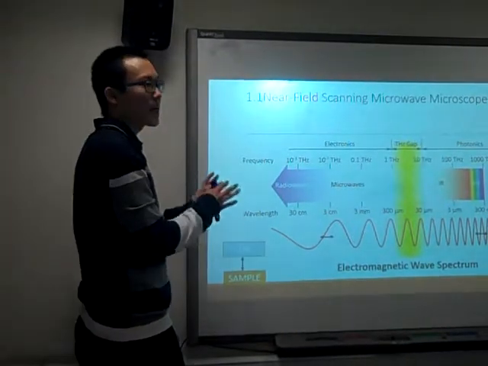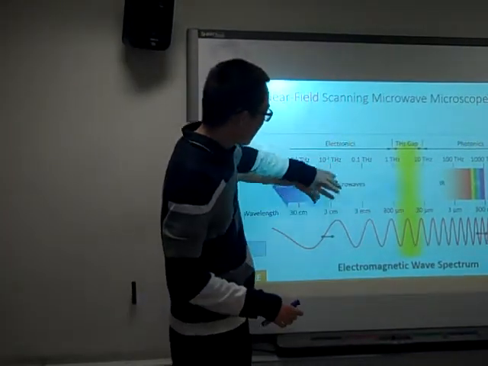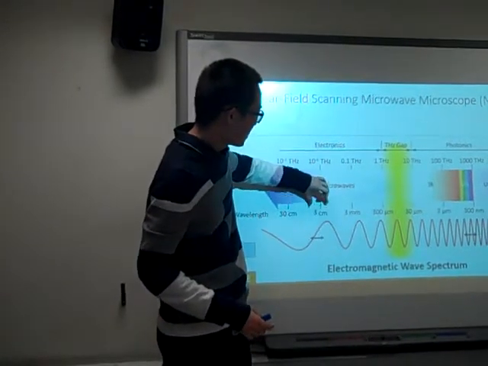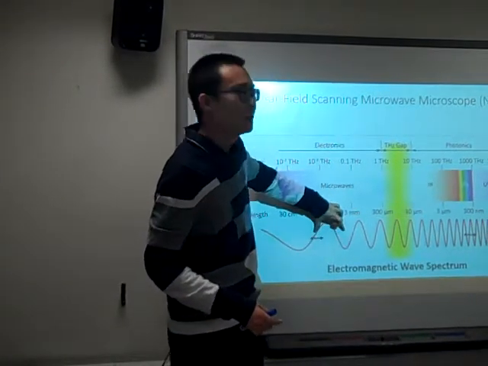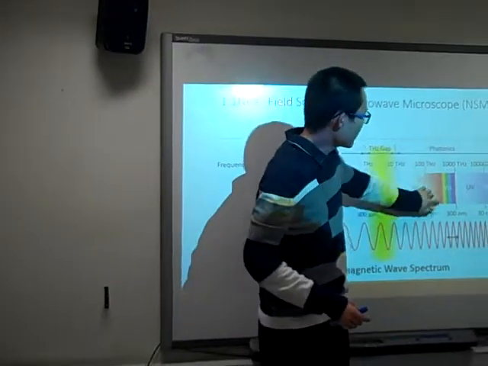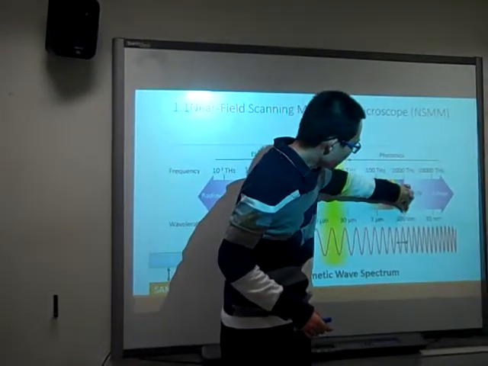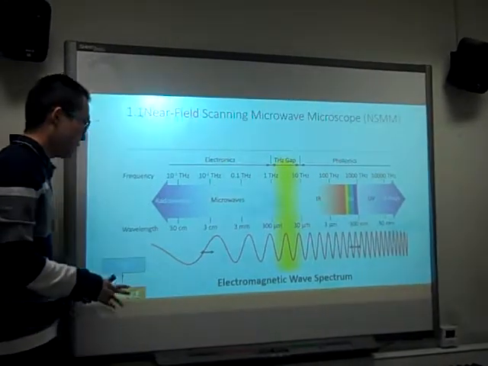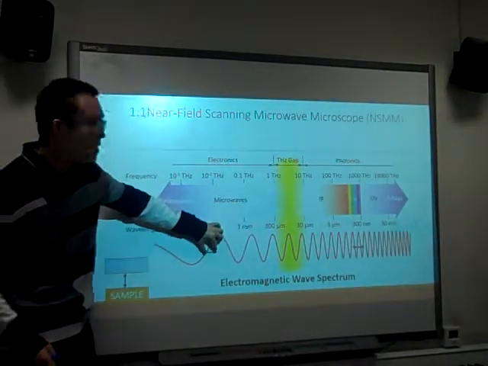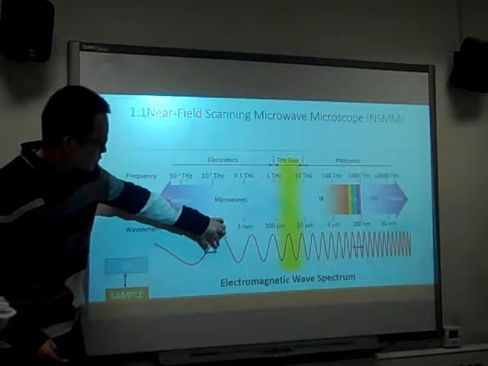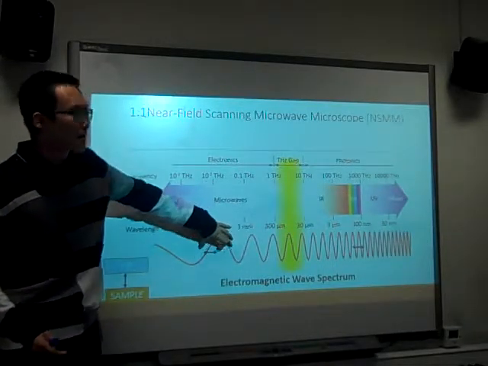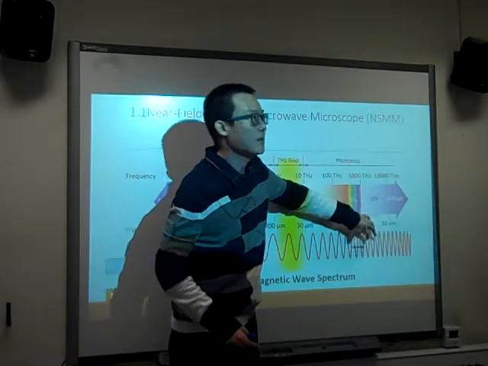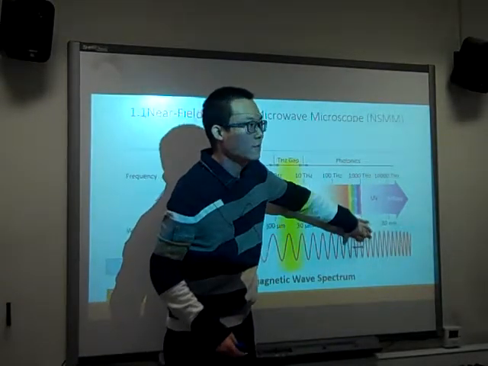So what we can see here is that the wavelength of microwave is maybe about 3 cm, so long, and maybe the wavelength of visible light is just 300 nanometers. Well, if we put d here, it can be much shorter than the wavelength, right? But if we put d here, it will be much bigger than the wavelength of the light, right?